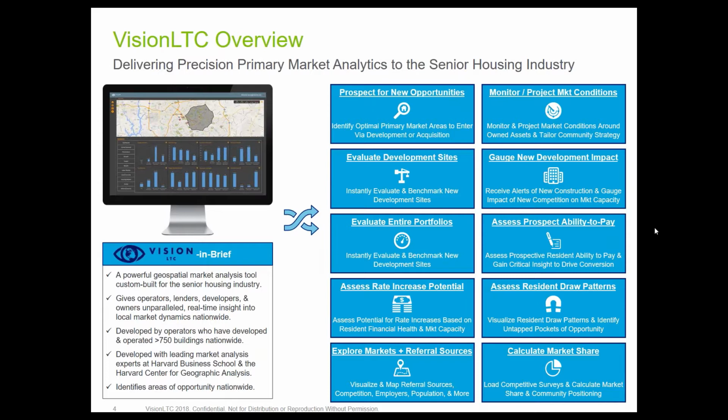So, what's happening around my community? Should I be thinking about asset disposition? Should I be thinking about re-emphasizing certain elements of my programming? What parts of the market are really growing, and how should I think about my community's positioning inside of the marketplace? Those are some of the major ways that we see this data used.